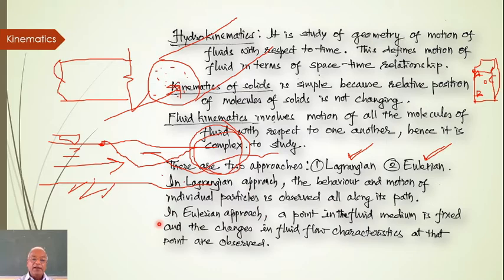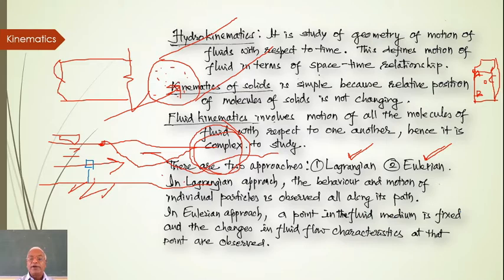But in the Eulerian approach, what he said is a point in the fluid medium is fixed. Suppose a particular point, I'll enlarge the point. So a particular point at a particular distance or position, everything is fixed, right?